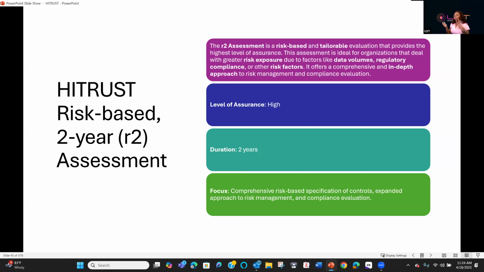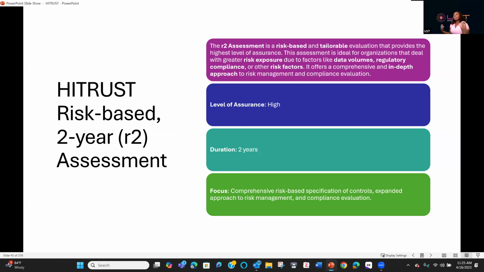You see, this one goes pretty granular depending on your scope, making sure that literally everything is covered, more comprehensive. This assessment is ideal for organizations that deal with greater risk exposure due to factors like data volumes, regulatory compliance, or other risk factors.